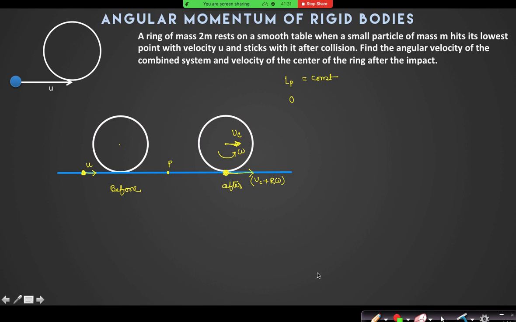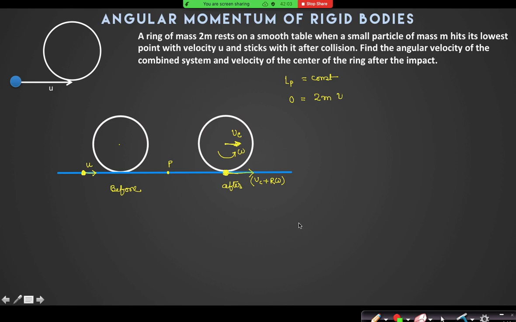Is it 0 or not? And what is the final angular momentum about point P? Initially 0, finally it is Vc R minus Ic omega.